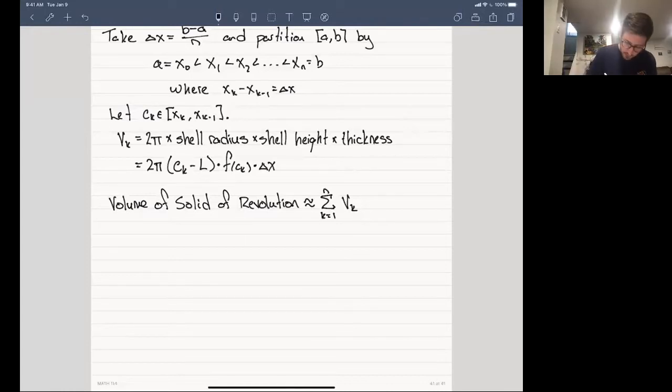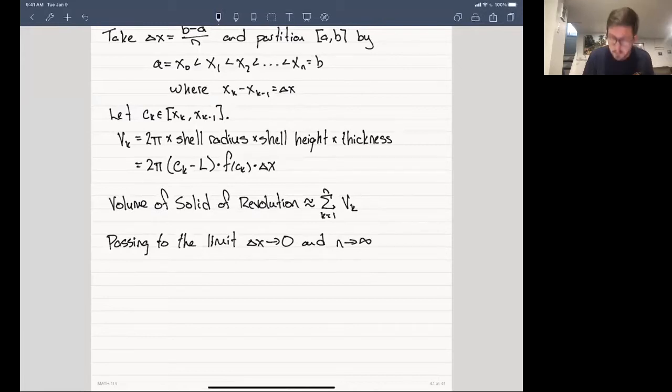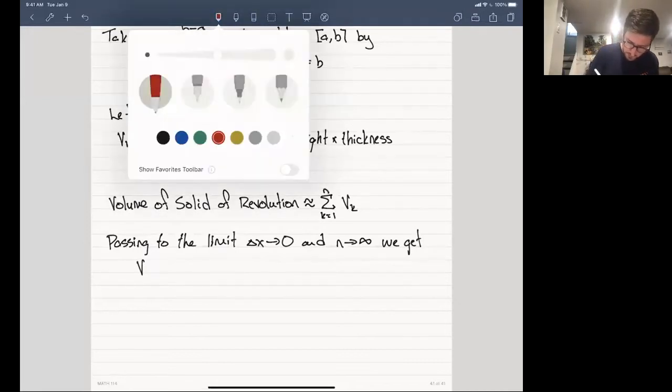So then, passing to the limit, delta x goes to 0, which is essentially n going to infinity. We get that the volume of the solid of revolution, so I'm just going to call that V, just so that I don't have to write that huge sentence.